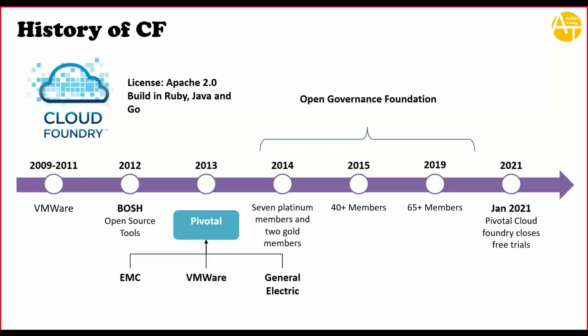In 2014, they went open source. In 2014, there were 7 platinum members and 2 gold members. Then in 2015, they had 40 plus members in total. In 2019, SAP joined the race, making the total number of members of this open Cloud Foundry organization 65 plus. And that's when they started thinking, why are we investing in infrastructure?